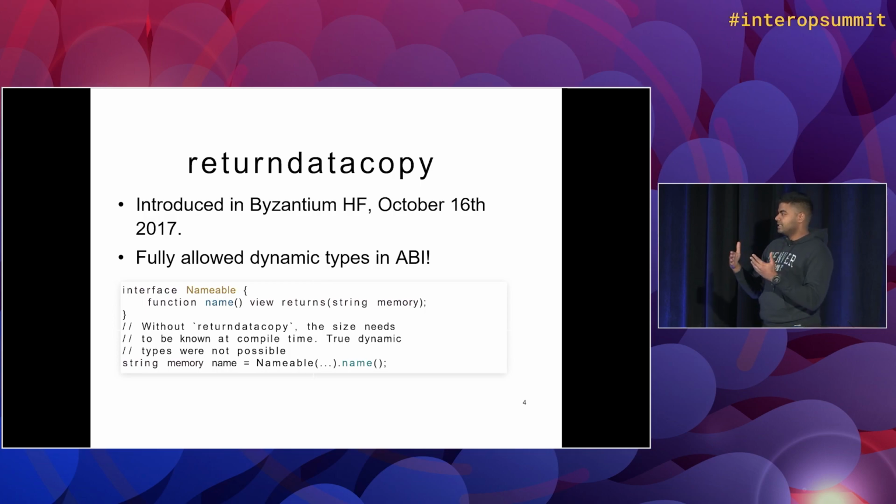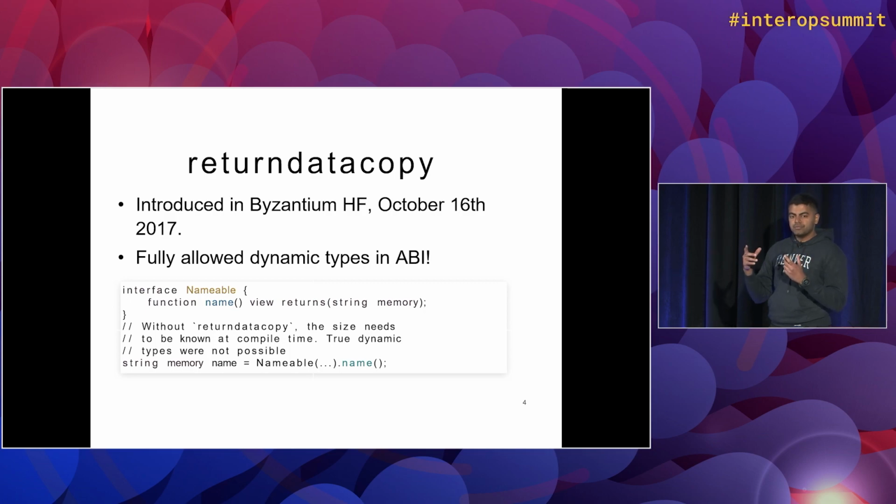To explain this in more detail, let's see an interface. We call this interface Nameable, and it just has a function called name. It returns a string in memory. So suppose we call this function in a Solidity contract using Nameable of whatever address .name.